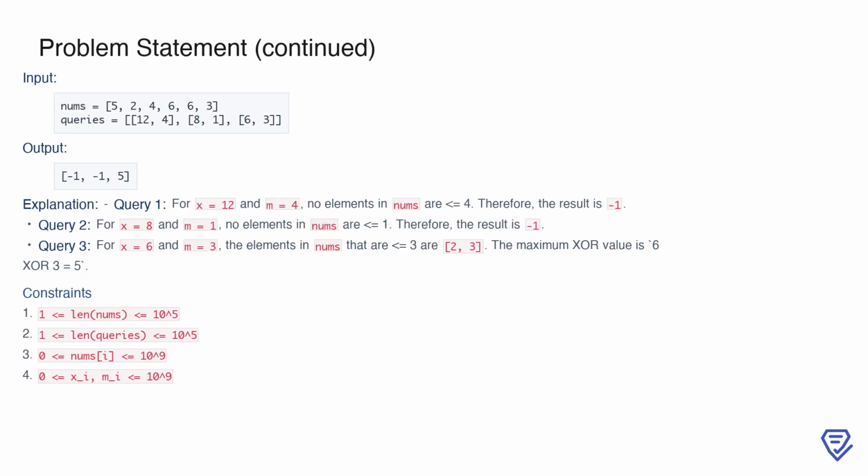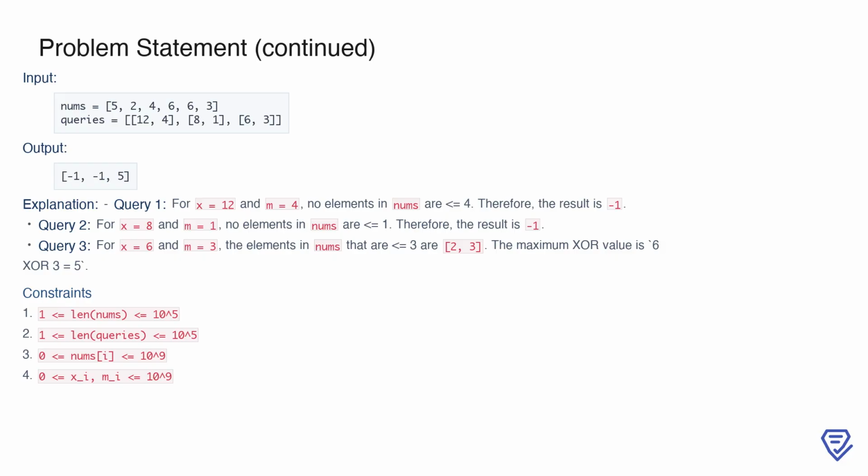Thus, the output for this example is 3, 3, 7. Now consider another example where nums is 5, 2, 4, 6, 6, 3, and queries is [12, 4], [8, 1], [6, 3]. For the first query, x equals 12 and m equals 4. However, no elements in nums are less than or equal to 4, so the result is -1. For the second query, x equals 8 and m equals 1. Again, no valid numbers exist in nums that satisfy the condition, so the result is also -1.